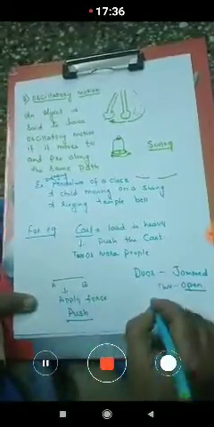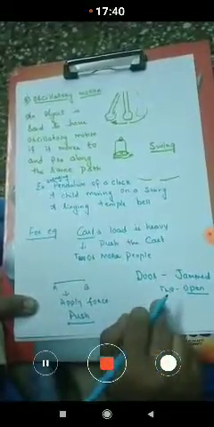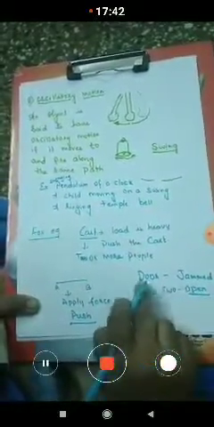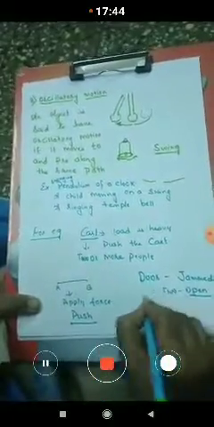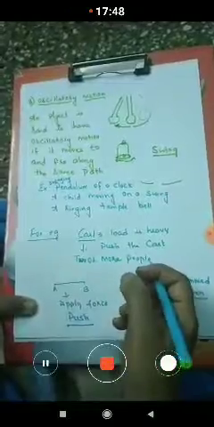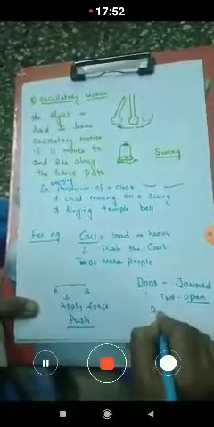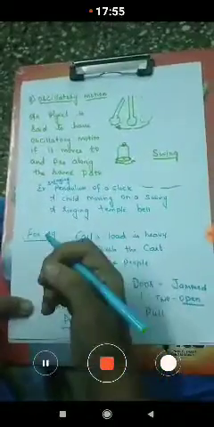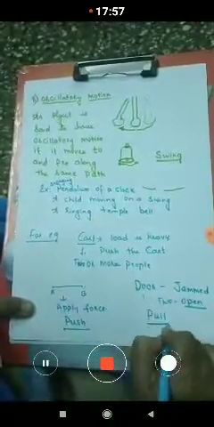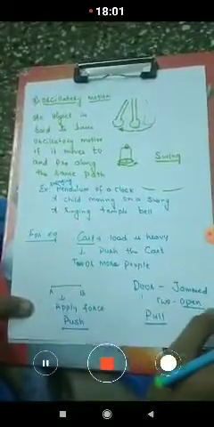As the application of force is increased from 1 to 2 or 2 to 3, now what happens? The door opens. As the door opens, what are they going to do? They are going to pull it. So when they pull it, the door opens and you can move outside.